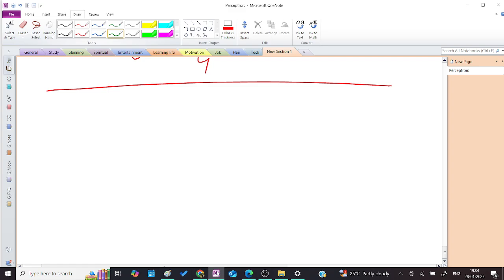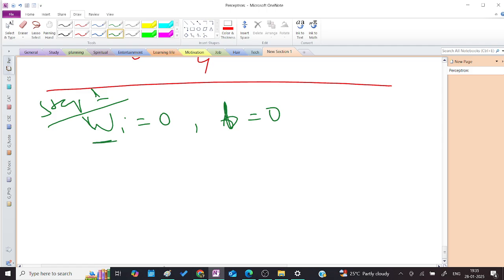Suppose there are 4 pixels. Let us take their values. The weights are already 0, right? For the first step, weights are 0 and the b value is also 0. B means bias, weights means the weight vector.